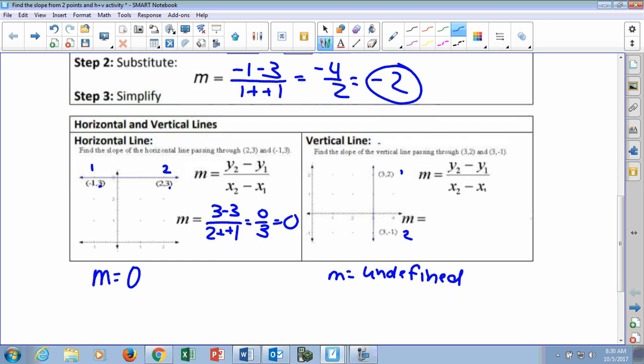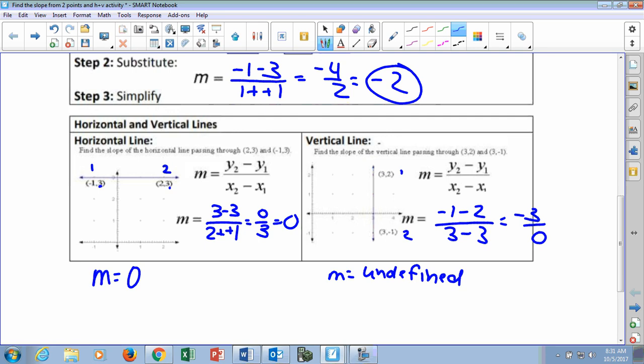So y2, which is -1, minus y1, which is 2, over x2, which is 3, minus 3. So -1 minus 2 is -3, and 3 minus 3 is 0, and again, you can't have 0 in the denominator. So that's how it's undefined.